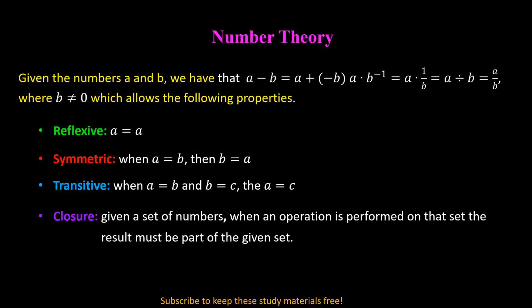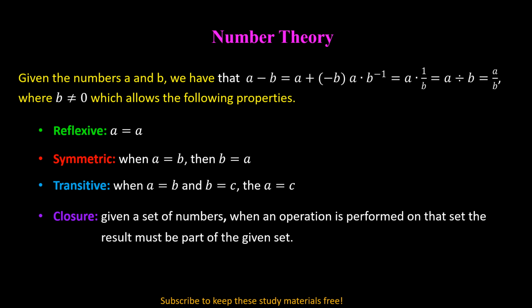Reflexive is just A equals A. I know that it seems like a very simple concept, but it can become very complex to prove. But we don't have to do that. We just need to know that all of these things exist. Like symmetric, we understand when things are symmetric. If one item equals another, then the other equals the one that we began with. So just take a look at that.